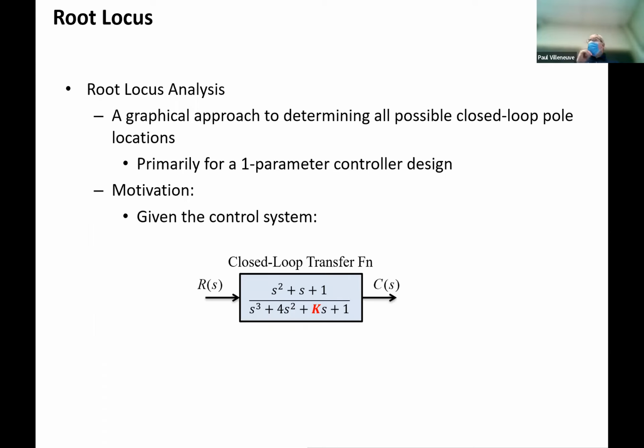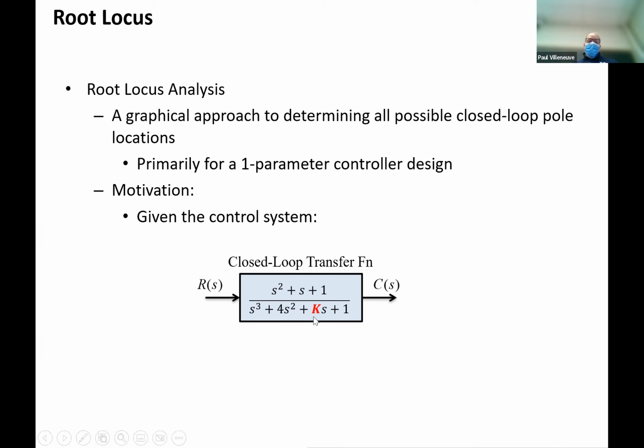So here is a system that has been converted into a simplified block diagram, and its transfer function. We basically have done the math so that you've got this K value in here.